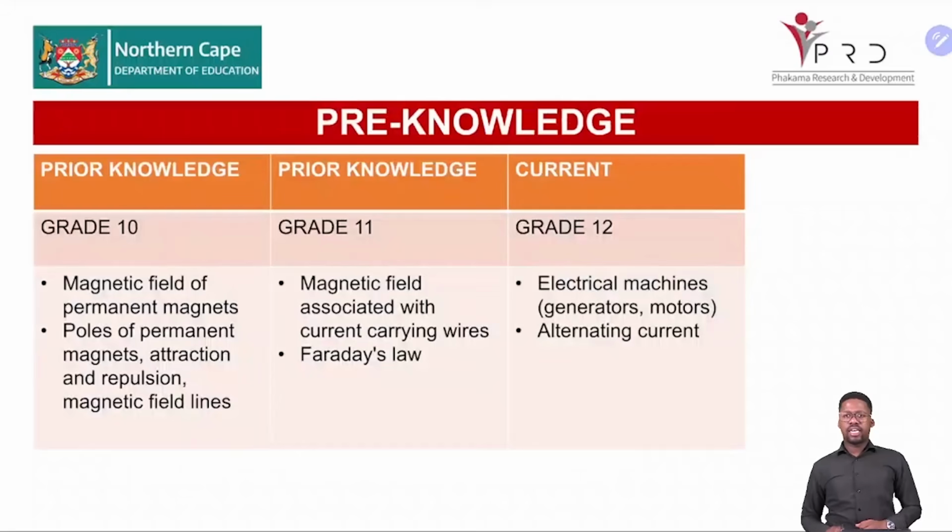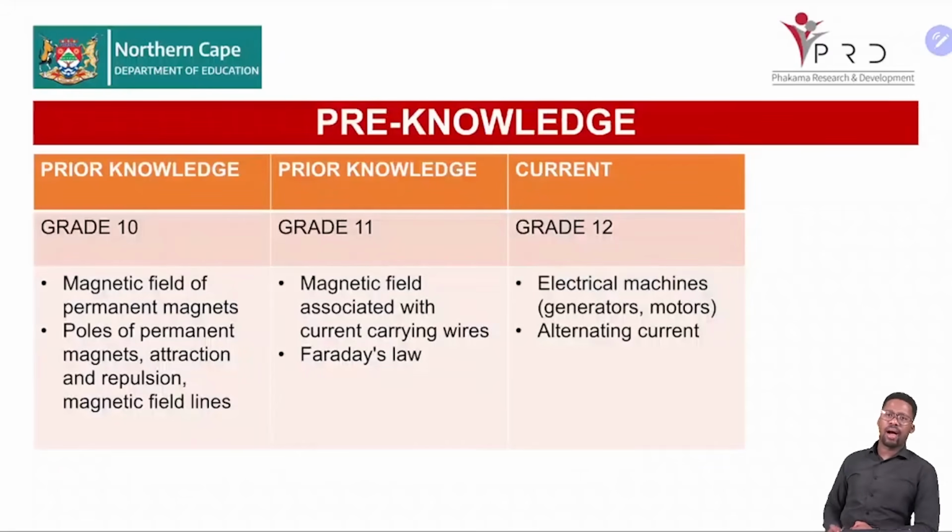Now, the prior knowledge: in grade 10, you did magnetic fields, and you were in a position to conclude that like poles repel and unlike poles attract. Then in grade 11, you went on to do electrostatics, in particular the electric field and the drawing of field patterns, where the electric field lines move from a positive charge to a negative charge.